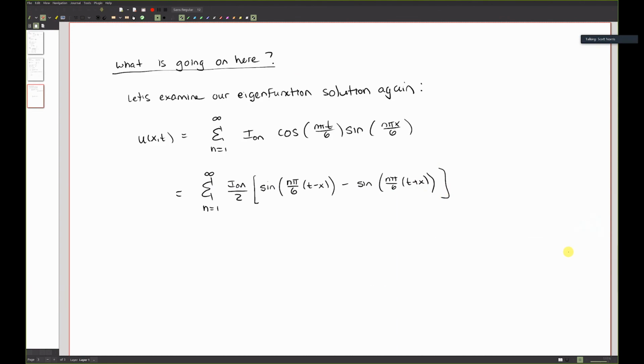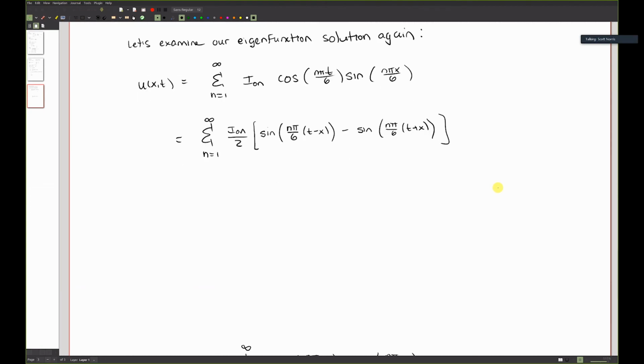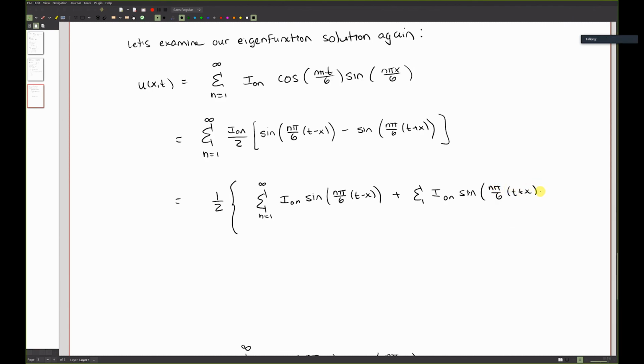All right, which is actually quite interesting. We could go further. We could say 1/2 times a sum from 1 to infinity of I0n sine n pi over 6 t minus x, plus another sum of I0n sine n pi over 6 t plus x.